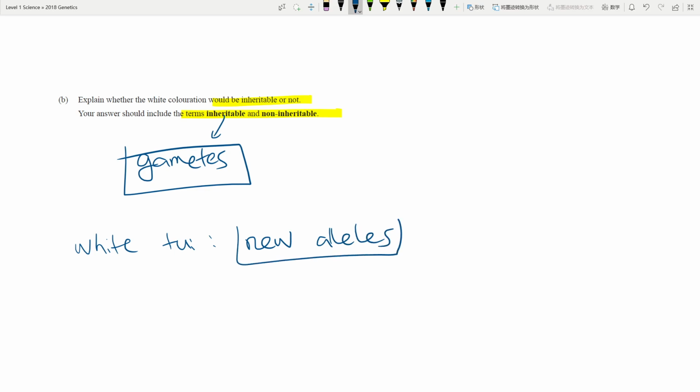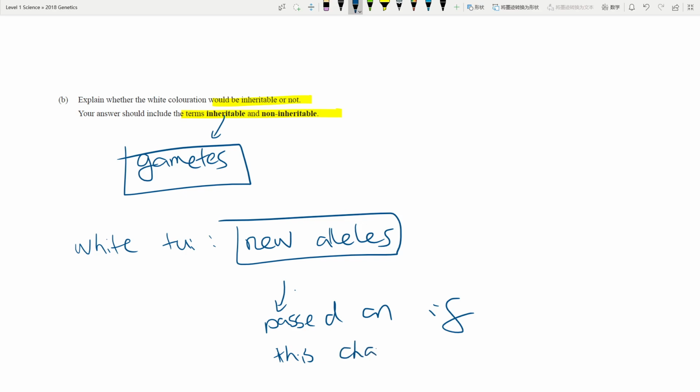So it is very likely that these new alleles can be passed on, if this change is passed on in the gametes.